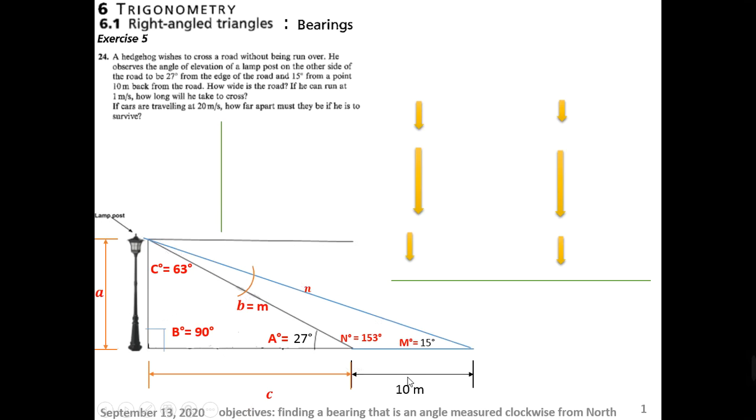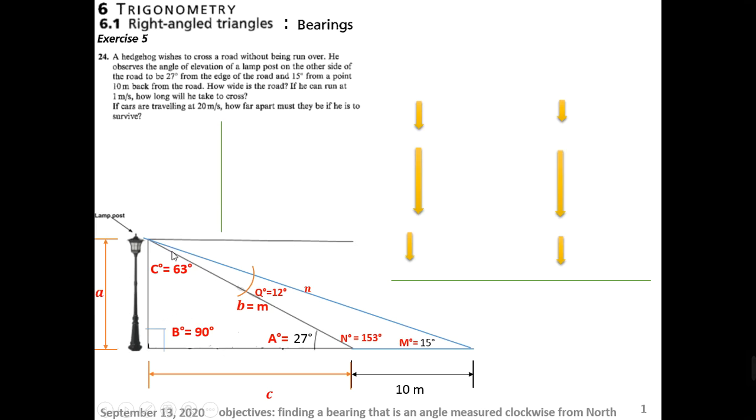Now, this small angle here, like we said, in this triangle that I'm pointing at with my cursor, angles in a triangle add up to 180. So if we add the 153 and the 15 and we subtract the total from 180, we're going to figure out angle Q equals 12 degrees.